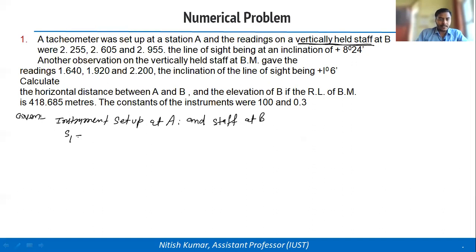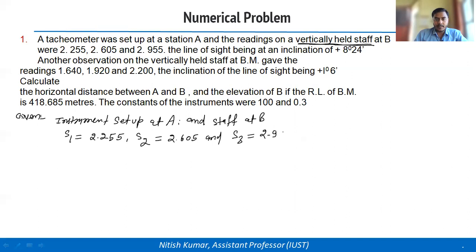That is given S1 is equal to 2.255, S2 is given 2.605, and S3 is given 2.955. The line of sight being at an inclination, plus means inclination, of 8 degrees 24 minutes. So theta is given as 8 degrees 24 minutes. Okay.